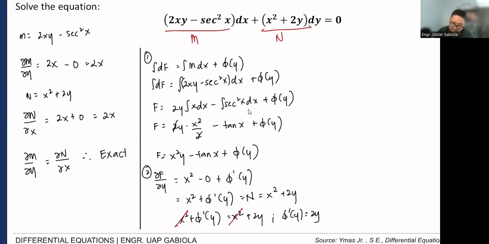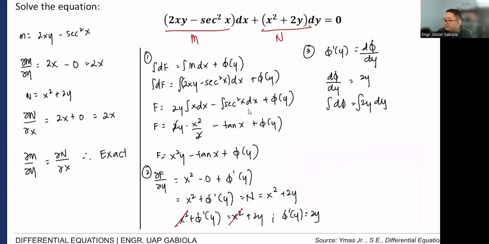Okay? Step 3. So, yung phi natin, equivalent yan sa d phi over dy. So, d phi over dy is equals to 2y, multiply, that is 2y dy. Then, integrate. We have phi is equals to, ang integration nito? Y squared. Okay?